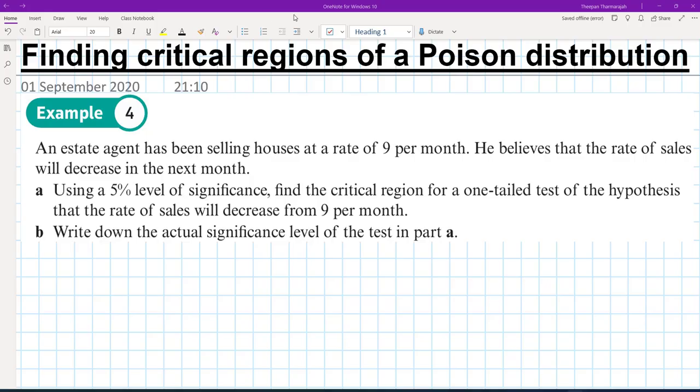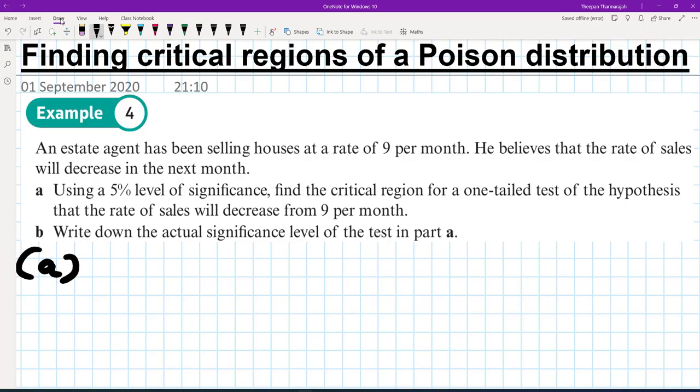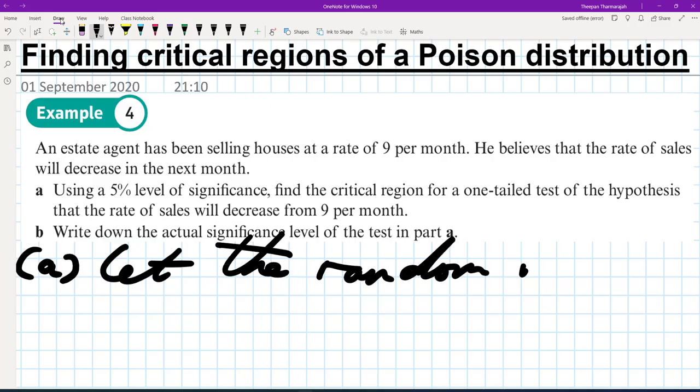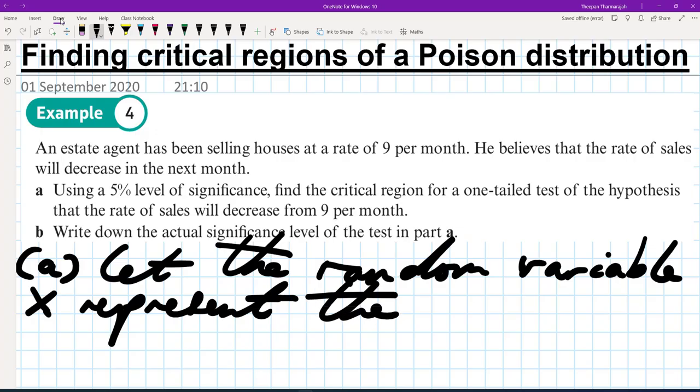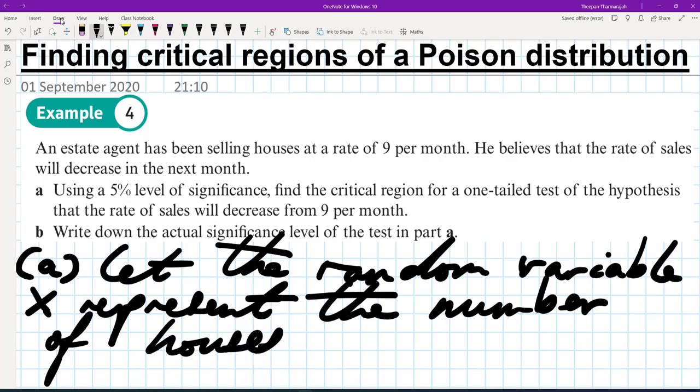So let's take an approach to the question. We're going to first define the random variable. So we say let the random variable x represent the number of houses sold in a month.